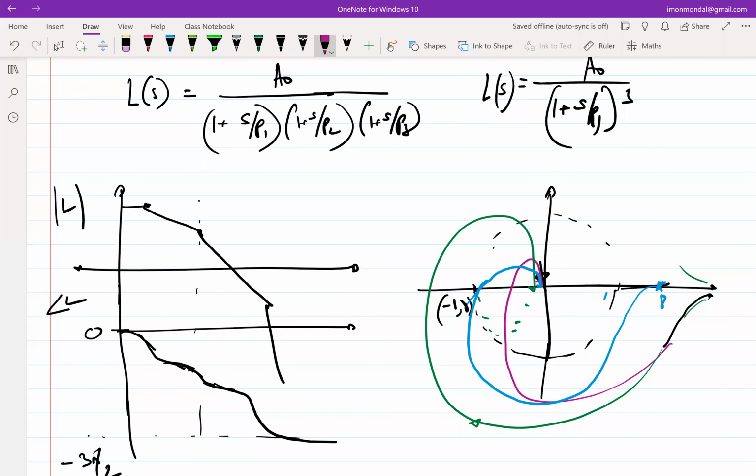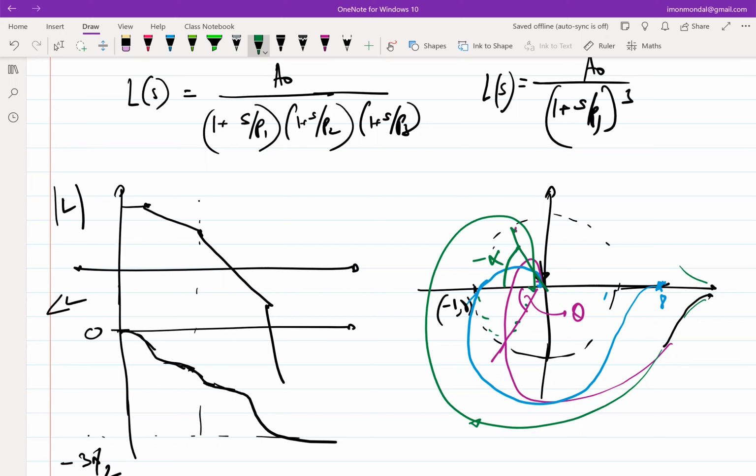For example, in this purple plot, I clearly see that I have crossed this unit circle, let's say at an angle theta. So I know that my phase margin is theta. In the case of the green circle, I have overshot it, which means I'll have a negative phase margin, let's say minus alpha.